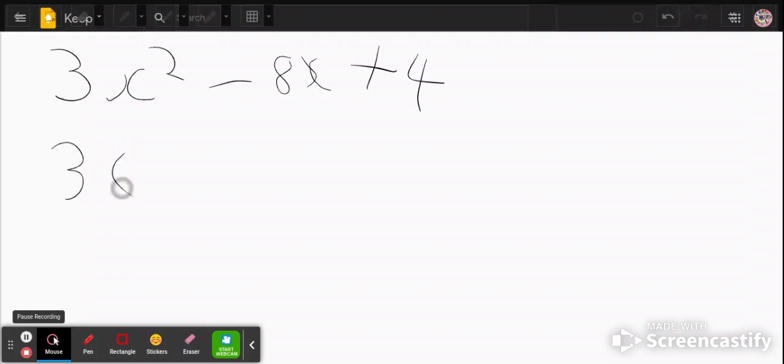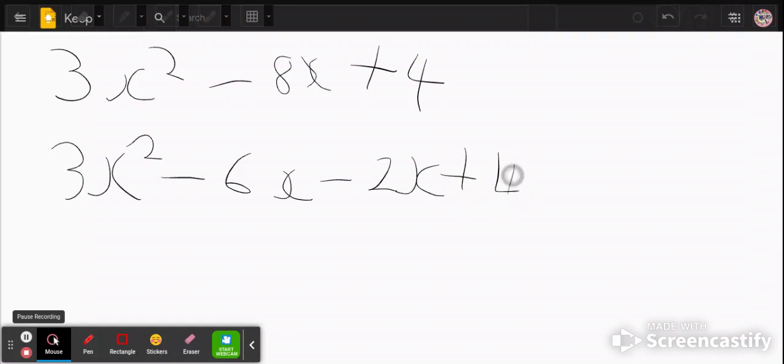So let's do that. This will be 3x squared minus 6x minus 2x plus 4. So what we need to do is to take out what's common by separating these into two brackets, right?